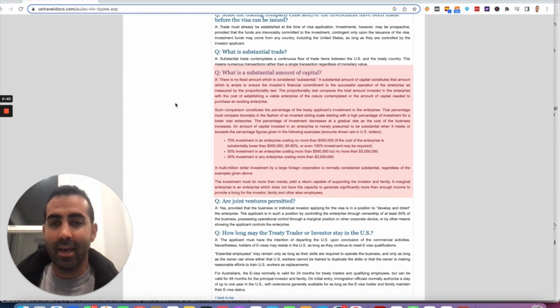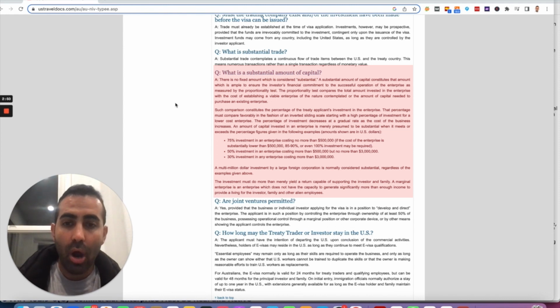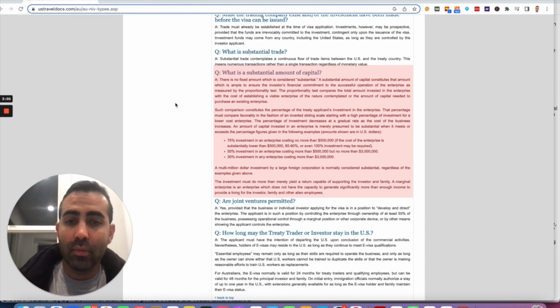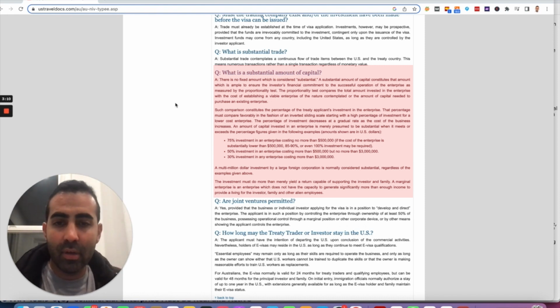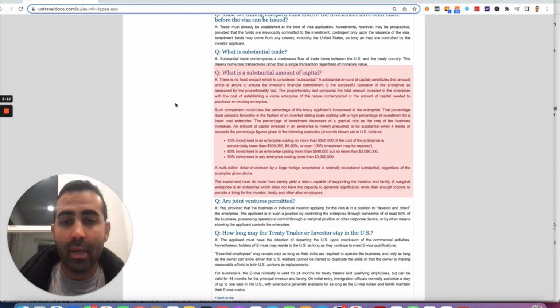And then it goes on to say multi-million-dollar investment by a large foreign corporation is normally considered substantial, regardless of the examples given above. The investment must do more than merely yield a return capable of supporting the investor and family. A marginal enterprise is an enterprise which does not have the capacity to generate significantly more than enough income to provide a living for the investor, family, and other alien employees.